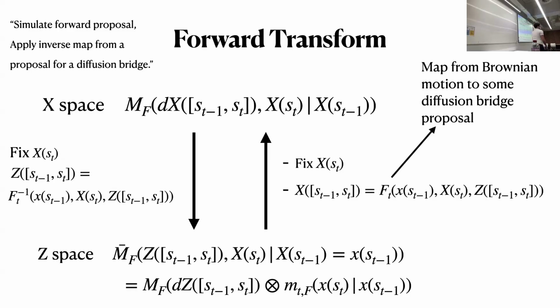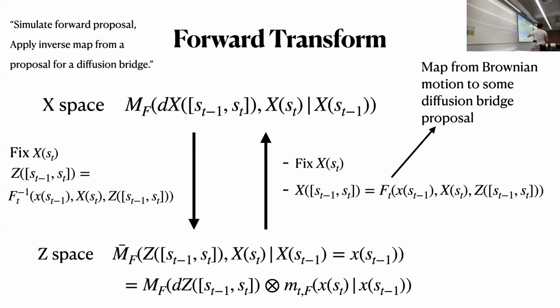So we start off by simulating this path proposal that we earlier defined, and then we keep the endpoint fixed. Now we fix this endpoint, and then we can take a choice of diffusion bridge proposal. It doesn't matter really what we pick, but whatever we pick, we can achieve this transform that allows us to change particle ancestors.